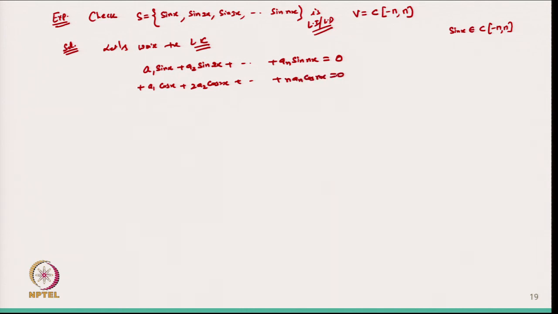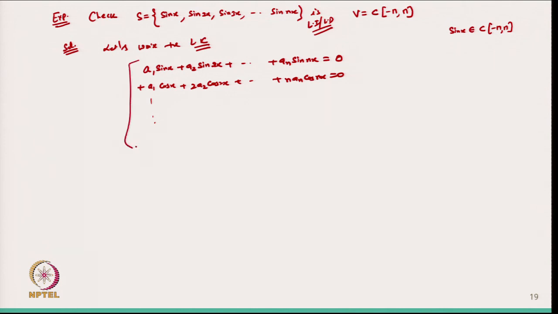One time derivative I have taken. Similarly, I can take another derivative: sin x, then cos x, then minus sin x, then minus cos x, like this I can keep going.